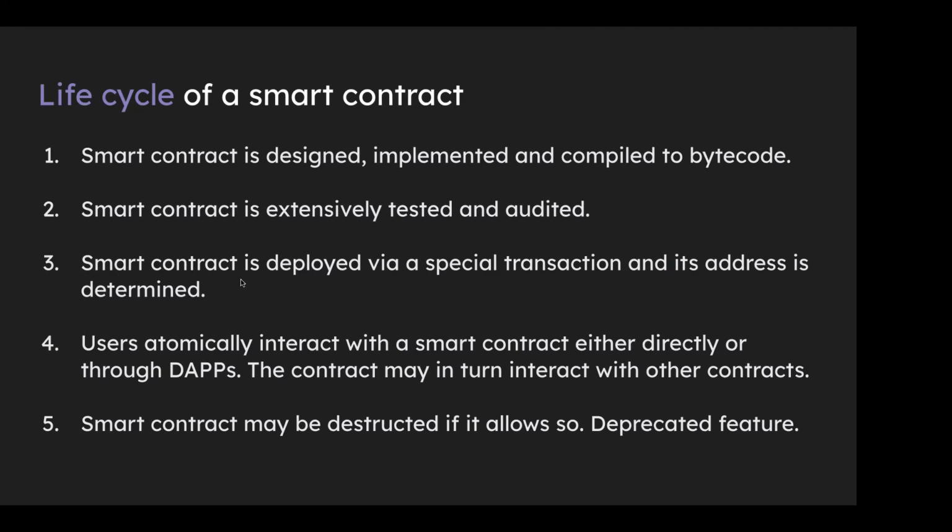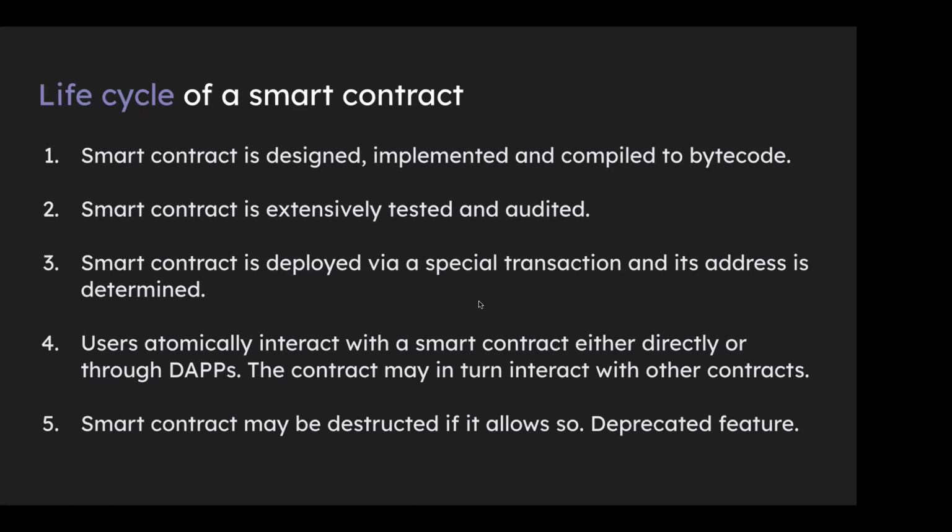Then point number three: a smart contract is deployed via a special transaction and its address is determined. From the previous lecture, I hope you remember that there are three main types of transactions in Ethereum: the regular ones, the contract deployment ones, and the transactions that interact with the contract.